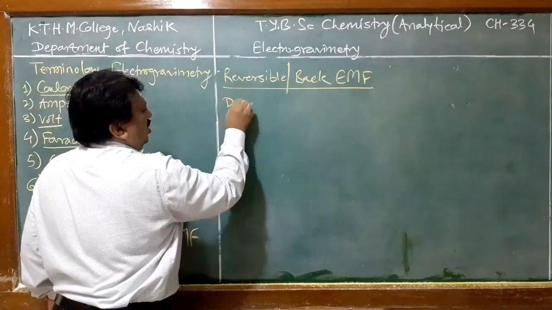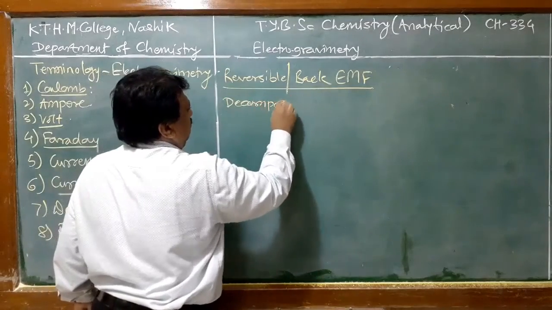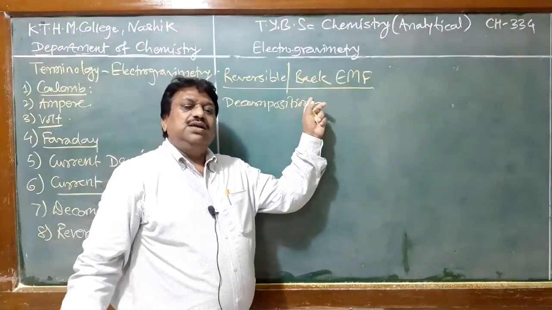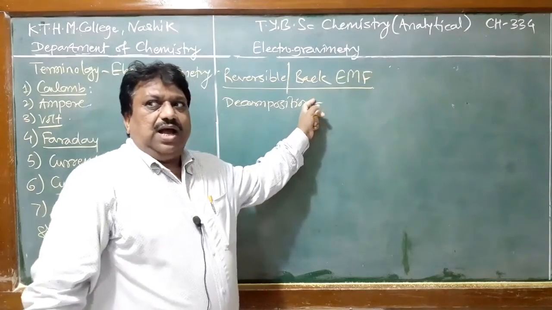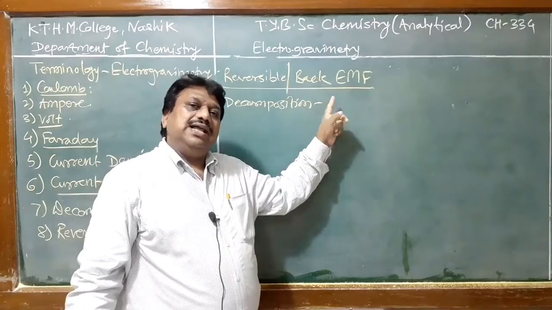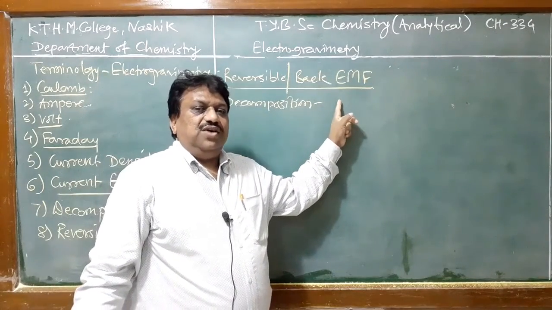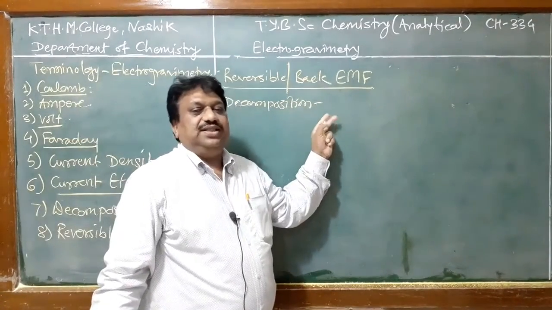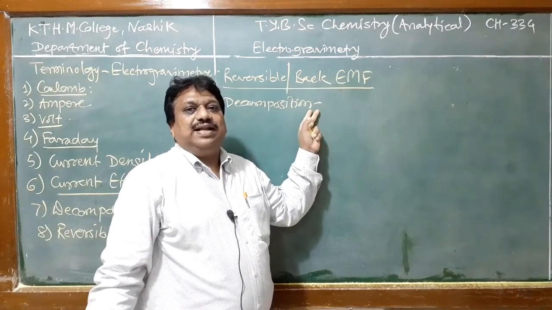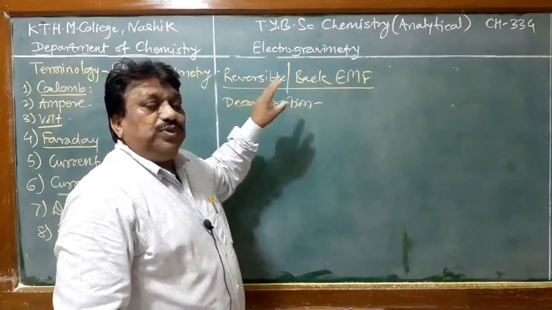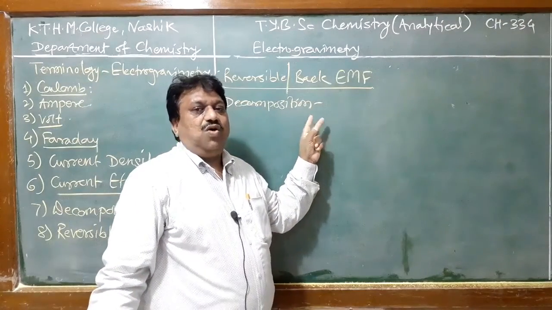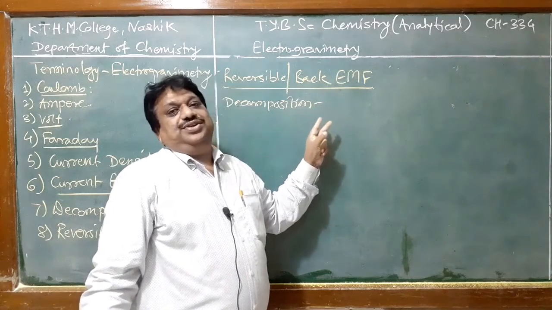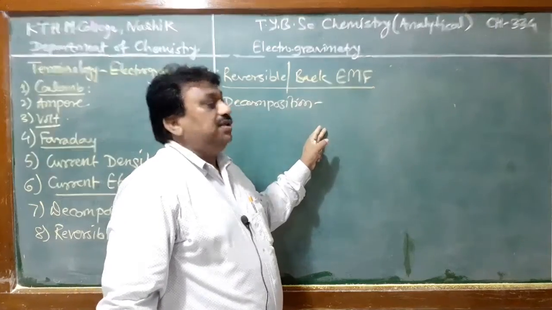We know that decomposition potential is the minimum external voltage required to carry out continuous electrolysis, and it will be greater than the galvanic cell potential. Therefore, when we increase the potential greater than the galvanic cell potential, deposition of the analyte takes place. Therefore, the difference in voltage between the galvanic cell potential and the decomposition potential is called the reversible EMF or back EMF.